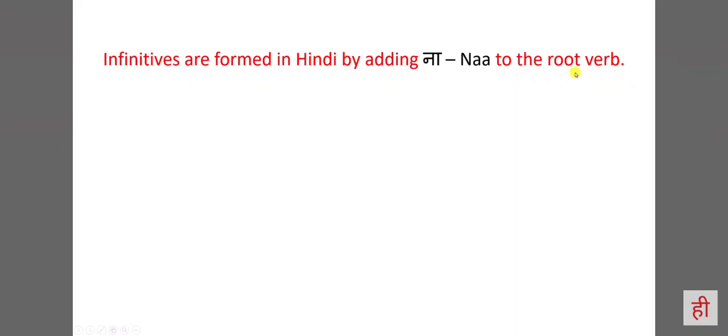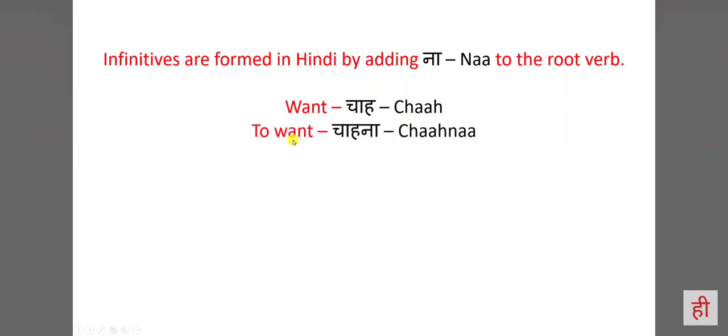In Hindi, infinitives are formed by adding na to the root verb. For example, want is chah. This is a root verb. To want is the infinitive. In Hindi, to frame the infinitive, we add na to the root verb.